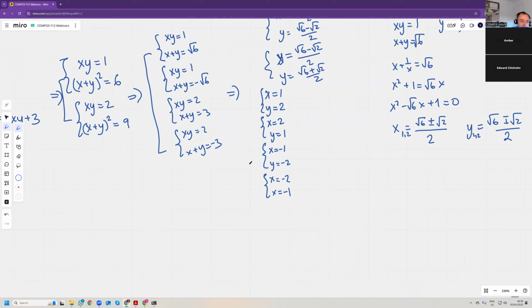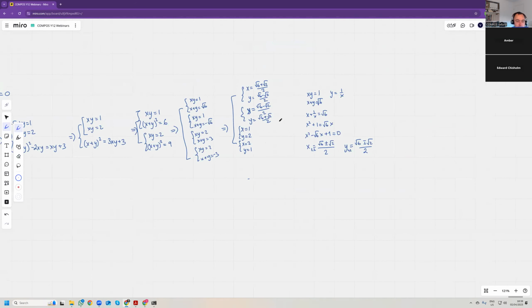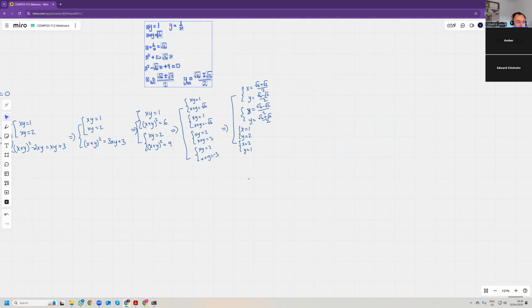We're not interested in the negative ones because u is x squared, so it doesn't matter. So we have 4 solutions, and then we do the backward substitution. Sorry for making a mess here.